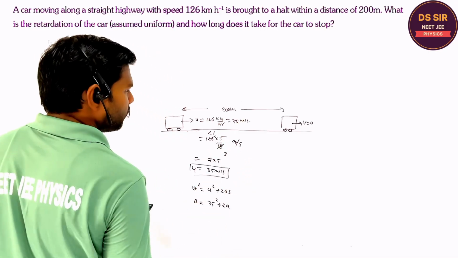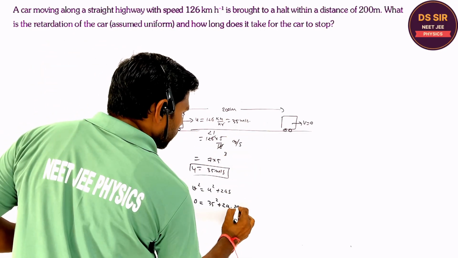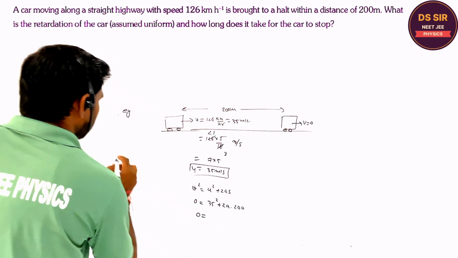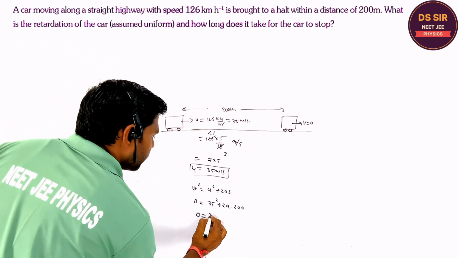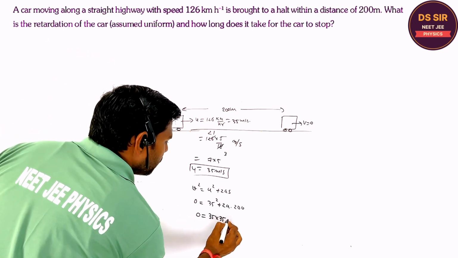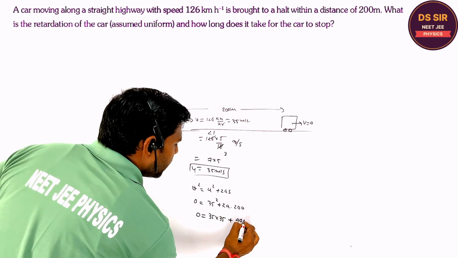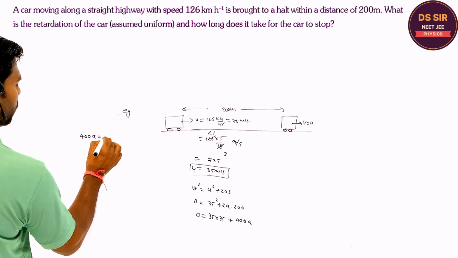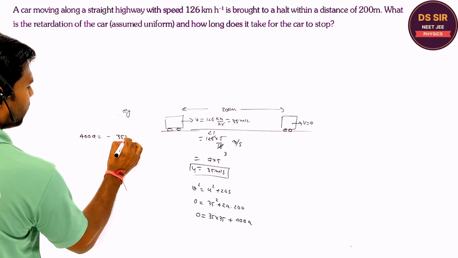The acceleration you have to find. The distance is 200 meters. Right. So this is 35 into 35 plus 400 into a. When you simplify, 400 into a is equal to minus 35 into 35.